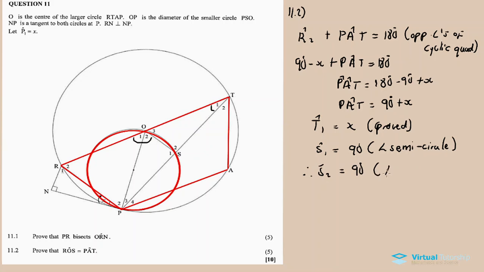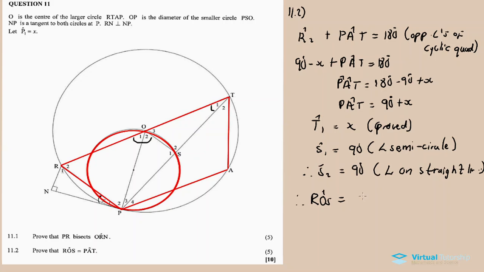We can use angles on a straight line to calculate S2. Angles on a straight line. Therefore, look now, angle ROS is equal to what?